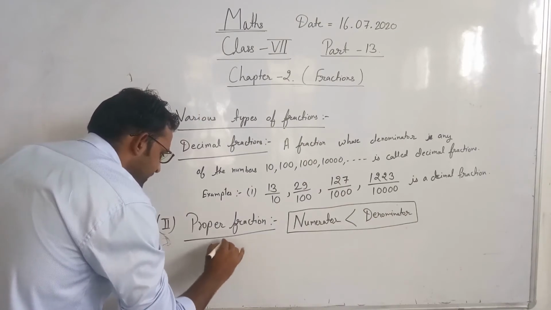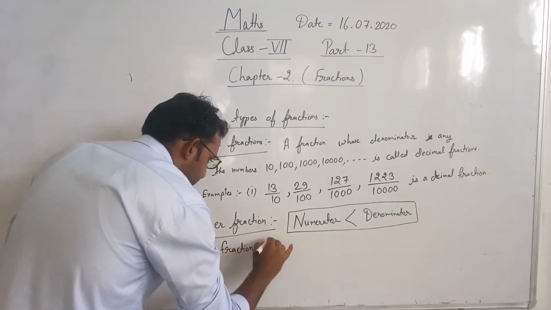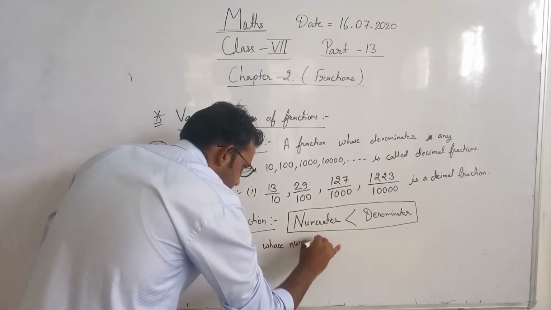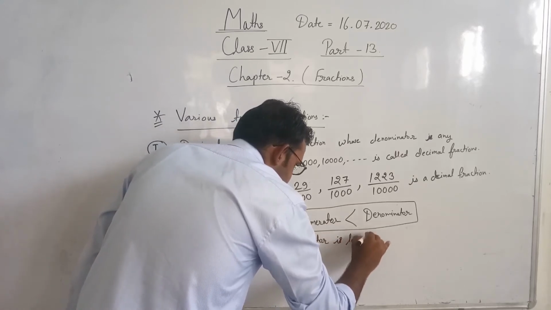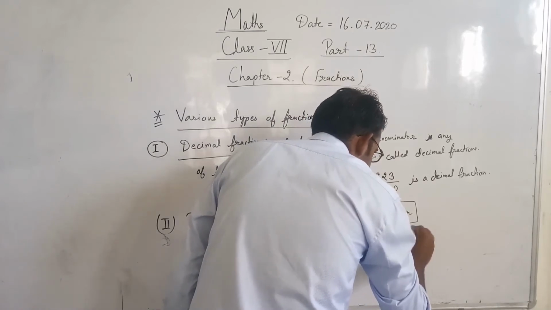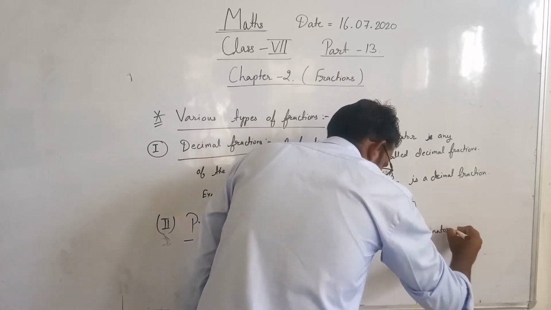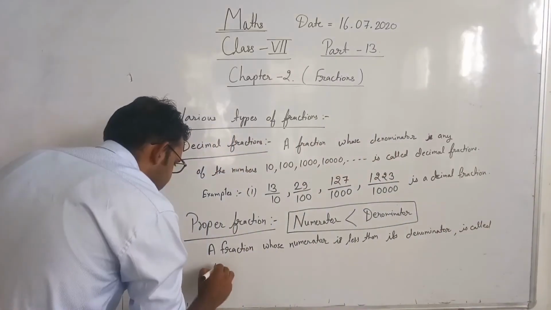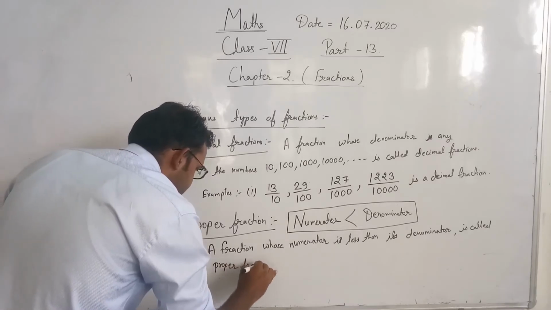So the definition is: a fraction whose numerator is less than its denominator is called a proper fraction.